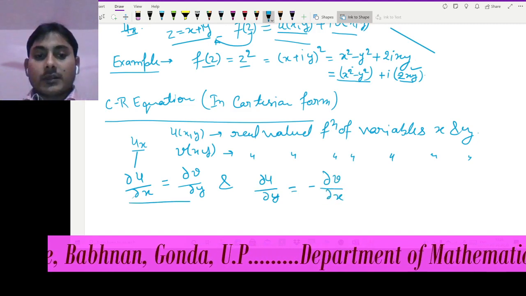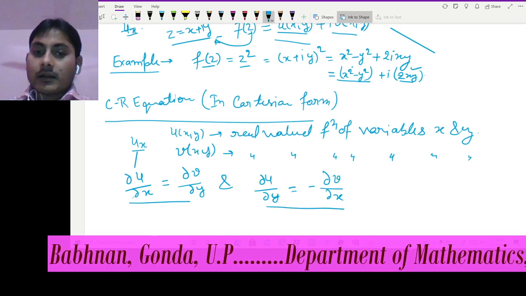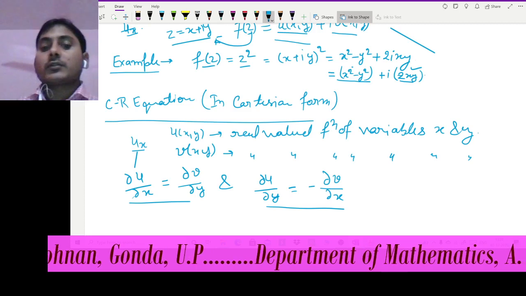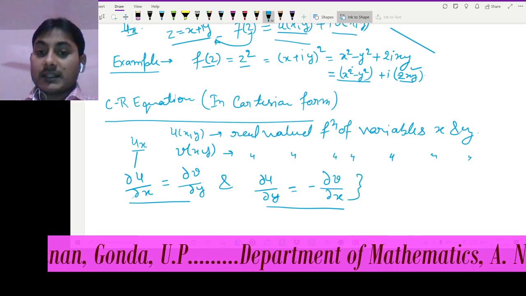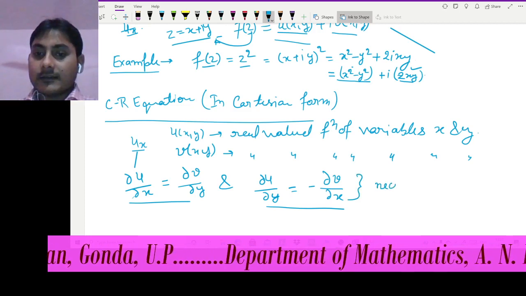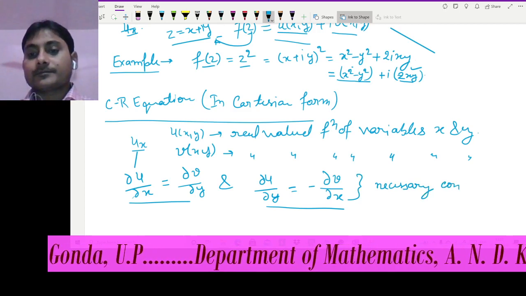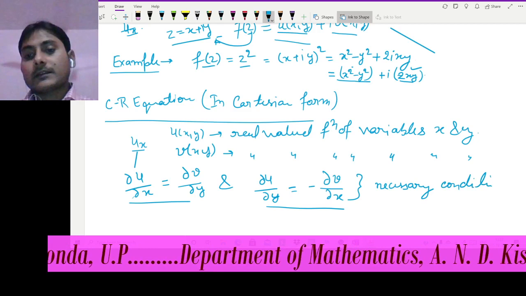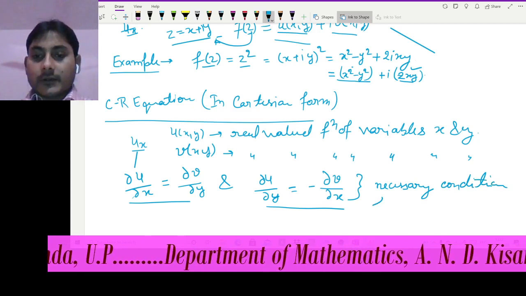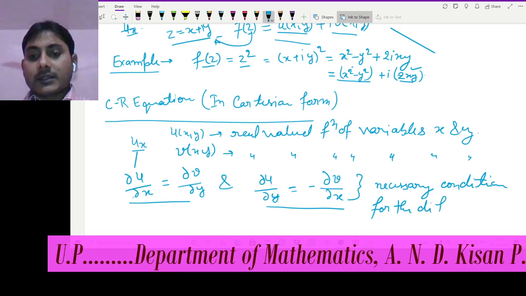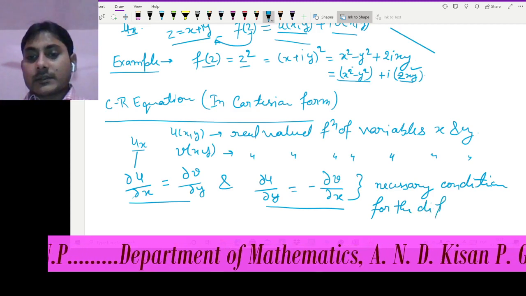This is the Cauchy-Riemann equation in Cartesian form, and I will show that this particular thing is a necessary condition for the differentiability of a complex function.